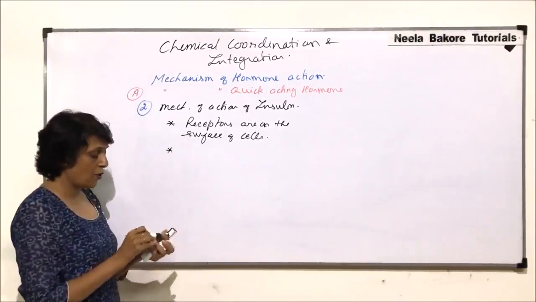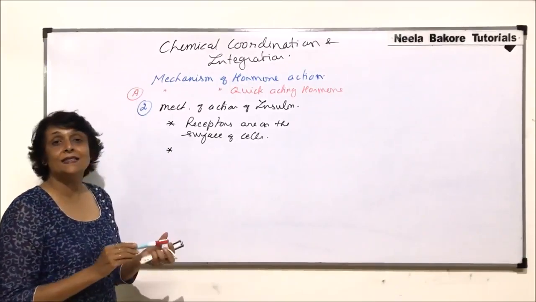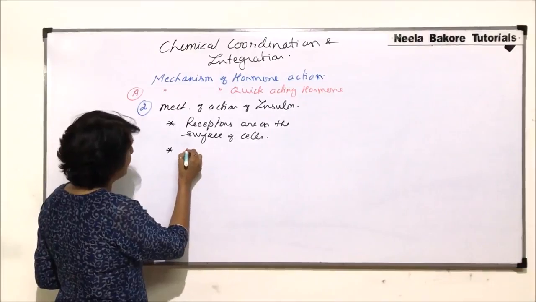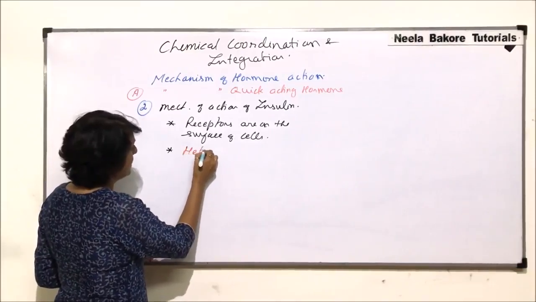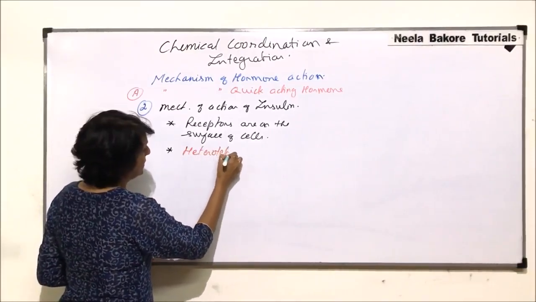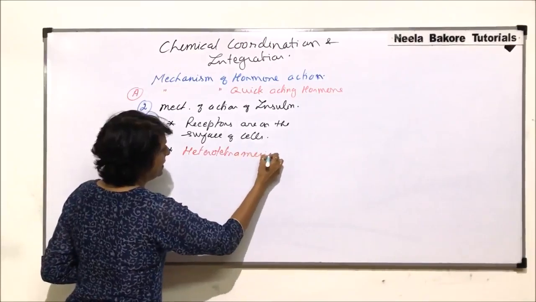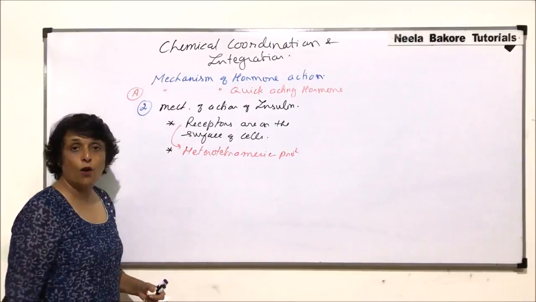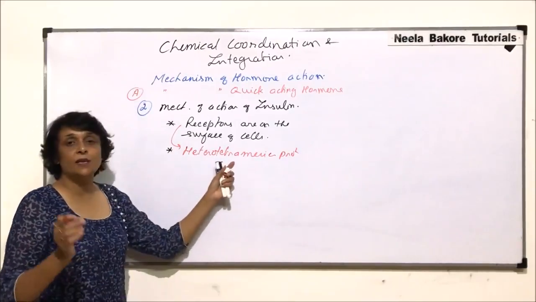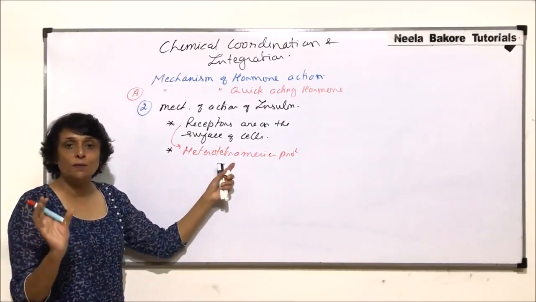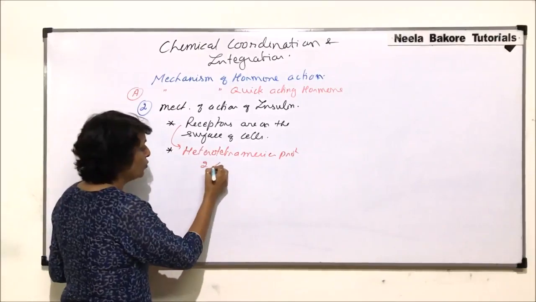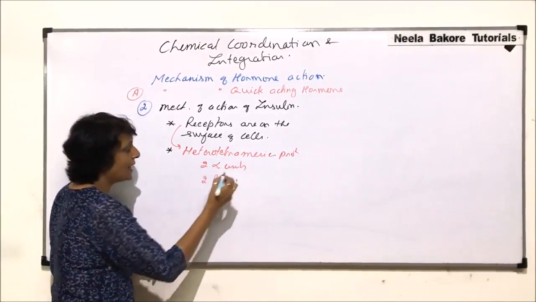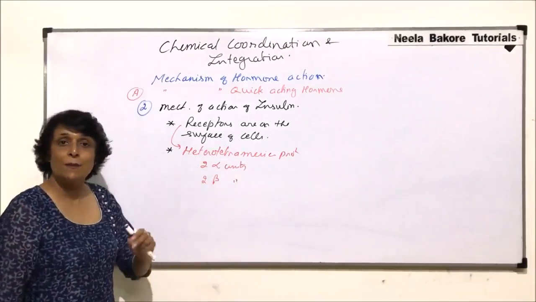The receptor of insulin is a heterotetrameric protein. This is the receptor that we are talking of. And tetrameric means there are 4 polypeptide chains. So there are 2 alpha units and 2 beta units which are there in the membrane.